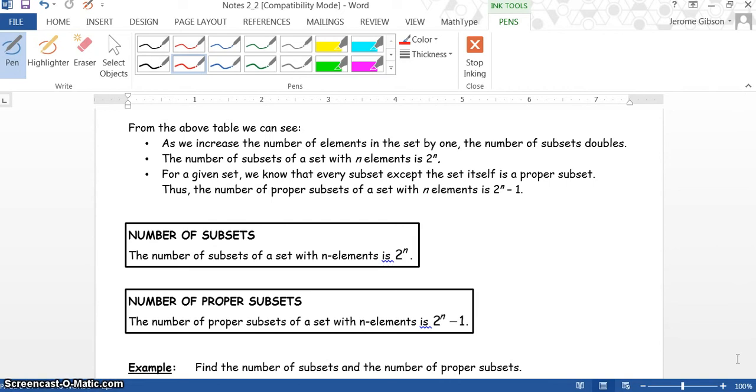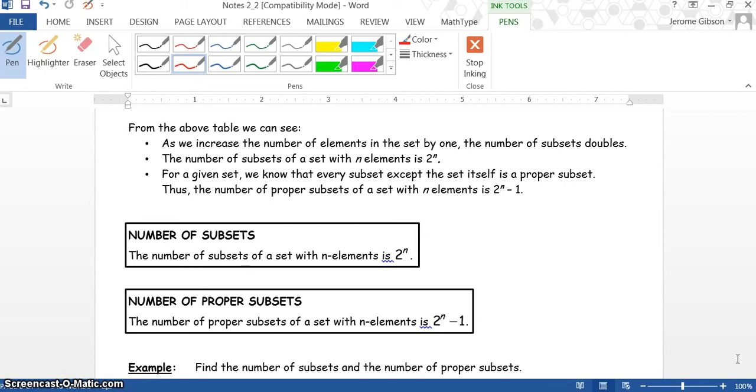The number of subsets of a set with n elements is 2 to the n power. For a given set, we know that every subset except the set itself is a proper subset. Thus, the number of proper subsets of a set with n elements is 2 to the n minus 1.